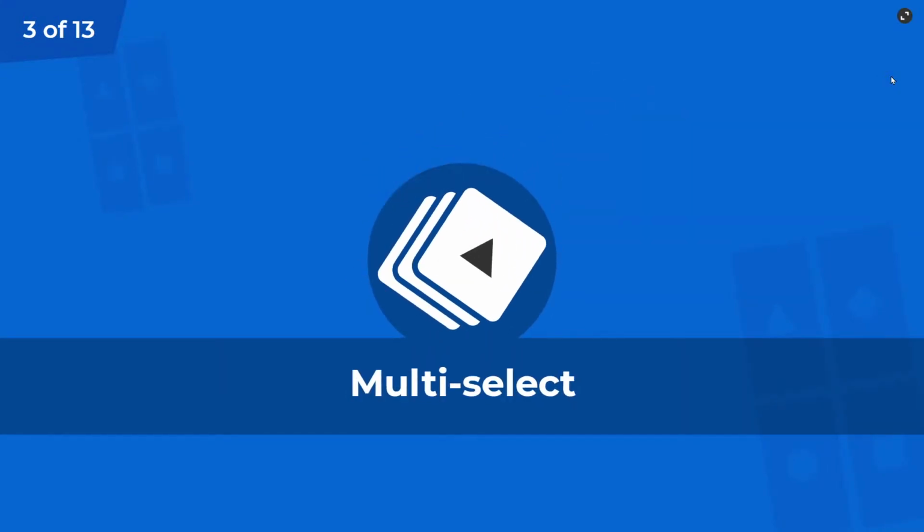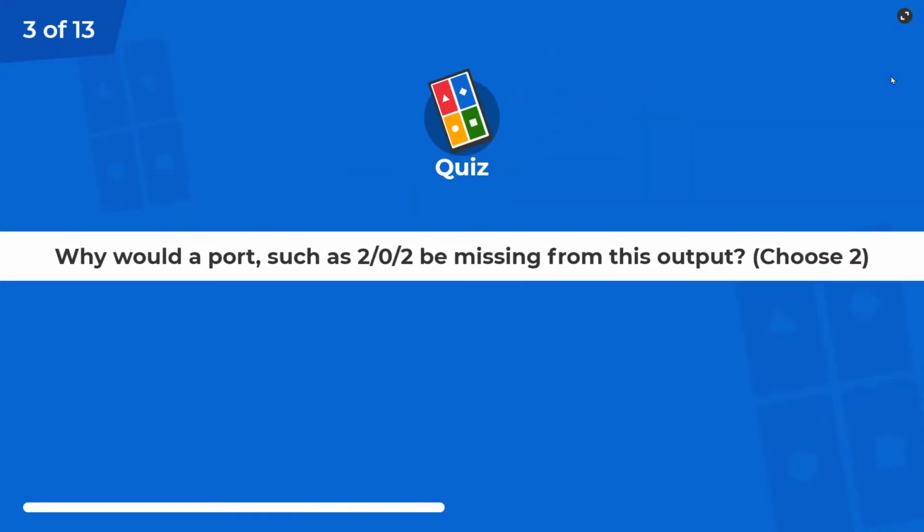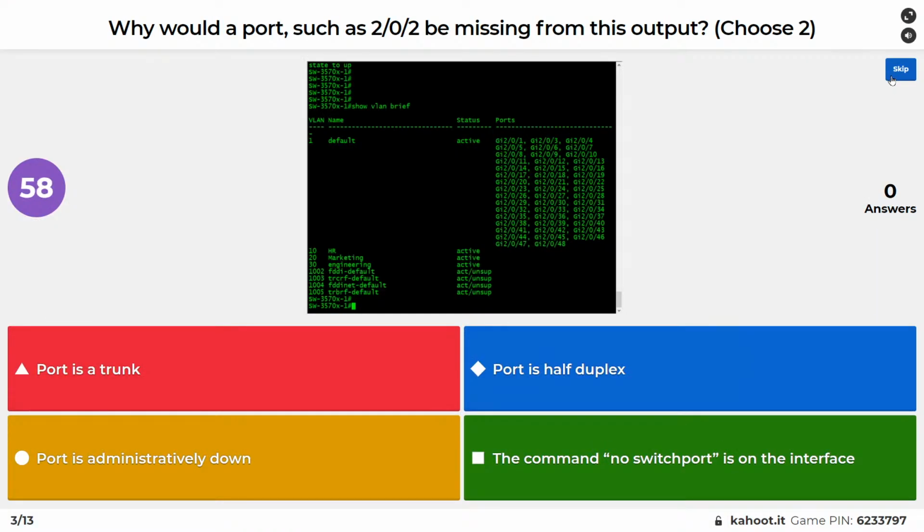All right, here's question 3 of 13. Why would a port such as 2/0/2 in this output, why is it missing?